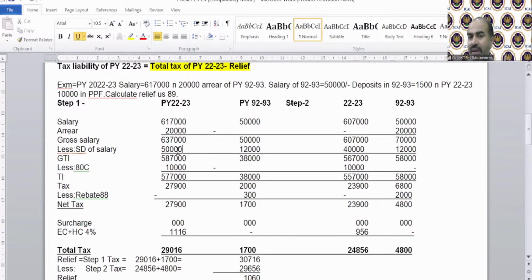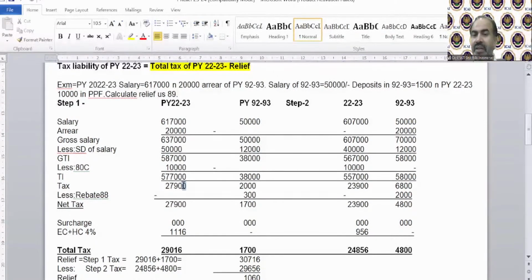This is my gross salary, less deduction. Now GTI is 5,87,000. If you contribute to PPF, Public Provident Fund, you get a deduction under section 80C of 10,000. So now your taxable income is 5,77,000. We have to calculate tax on income of 5,77,000 as per the normal provision of rates of tax, our slab rate.